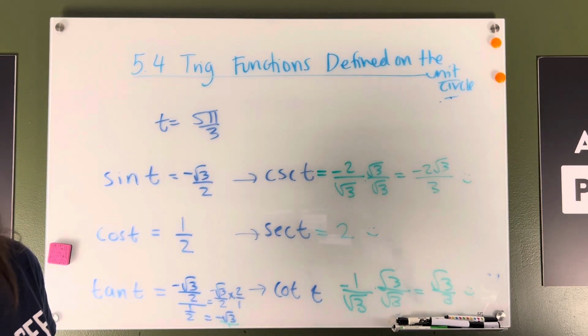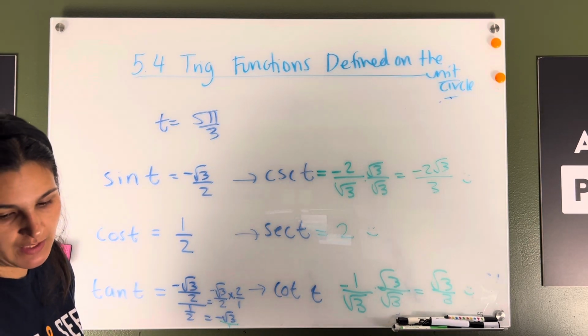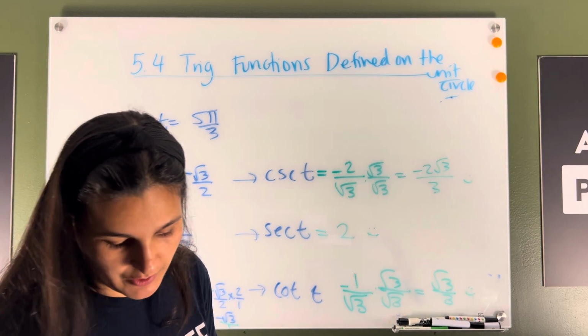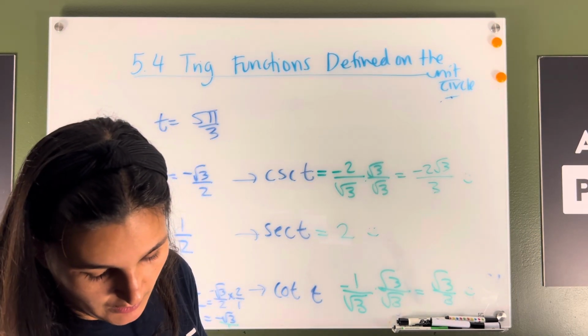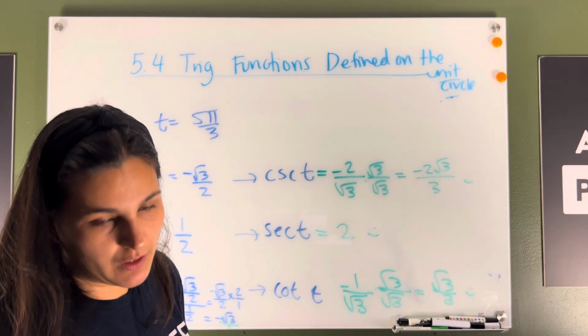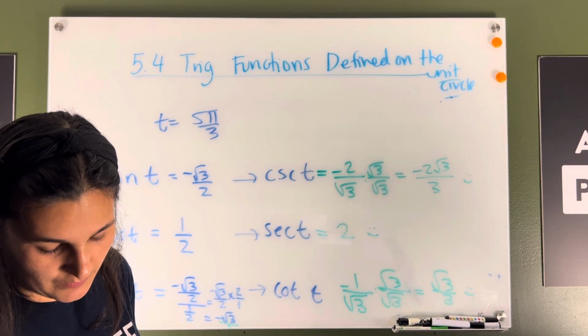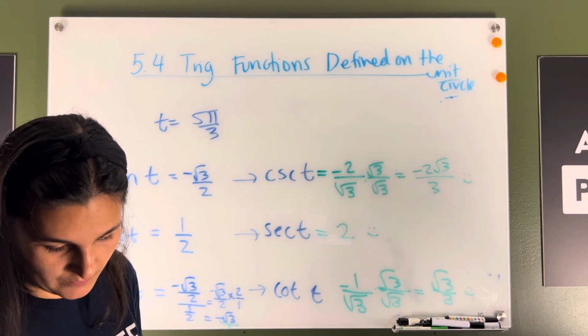Okay, so you can do the same exact thing for part B. We're not going to do every single trig function. We're just going to make sure that we at least know which angle corresponds to it. Okay, so we might need to find a coterminal angle to find it.